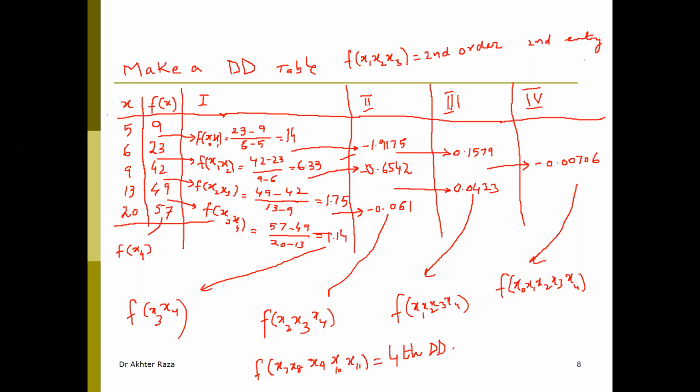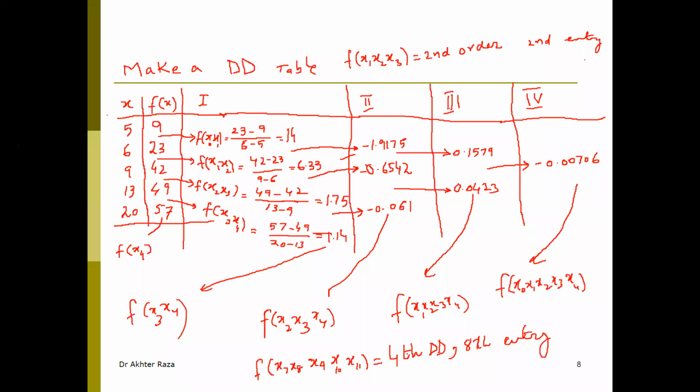The entry number can be computed from x7, so it is the 8th entry in the fourth order. The eighth entry in the fourth order is the value of this.